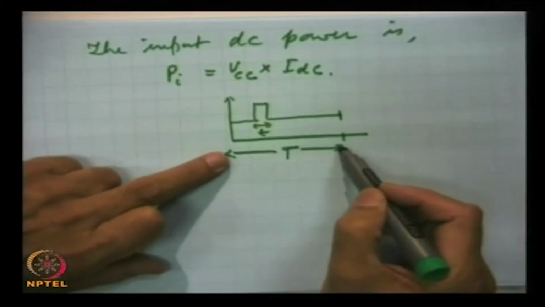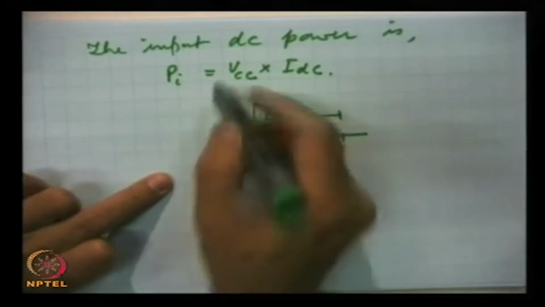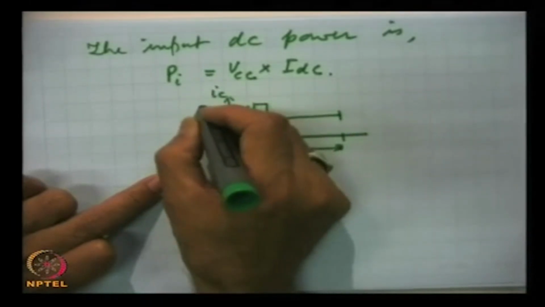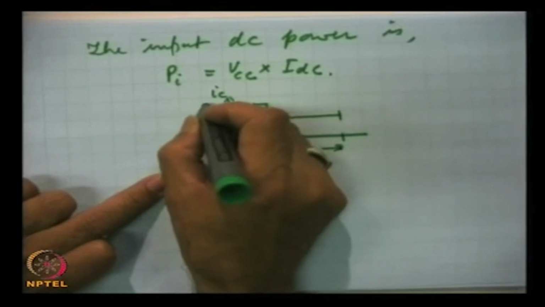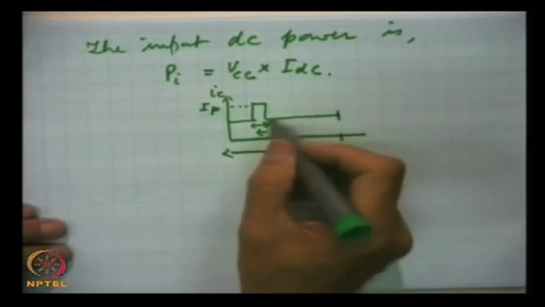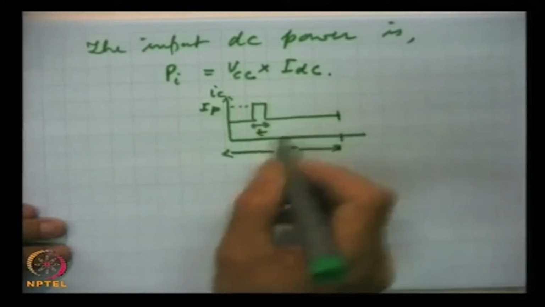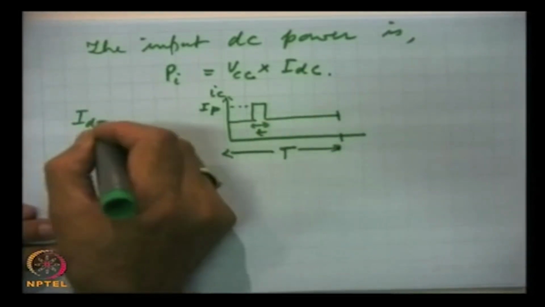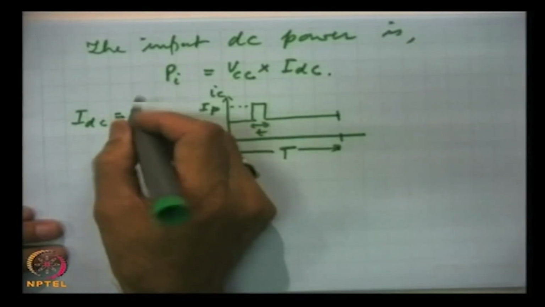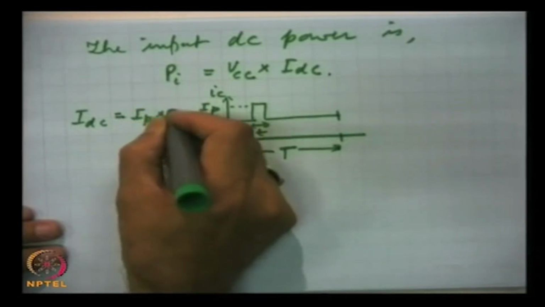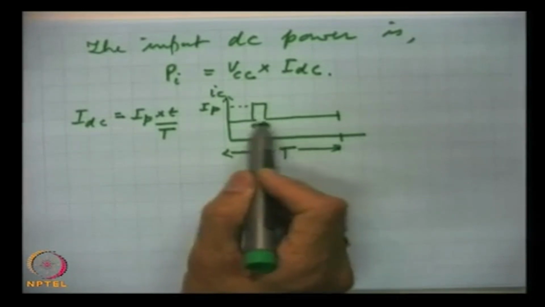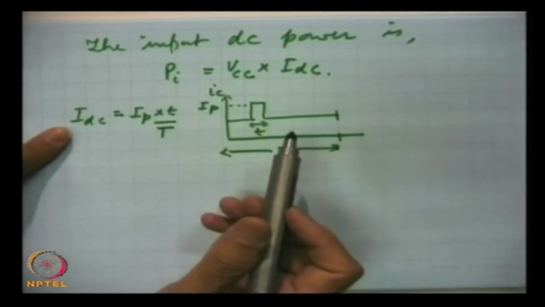So, this is the total period of the wave, and the output, this is IC, and this is the peak value IP, and then the DC component of this, we can write IDC, this will be equal to IP, peak value, into t by T. If this is 0, then IDC drawn will be 0. It is very clear.